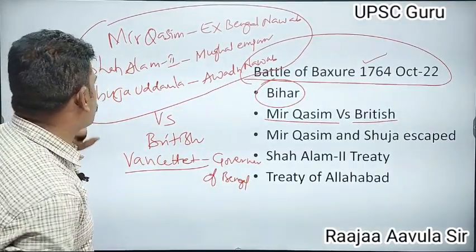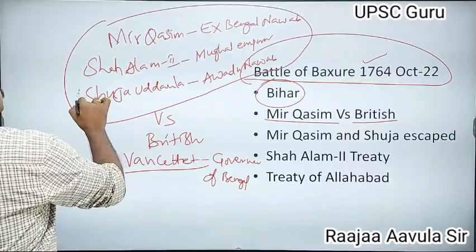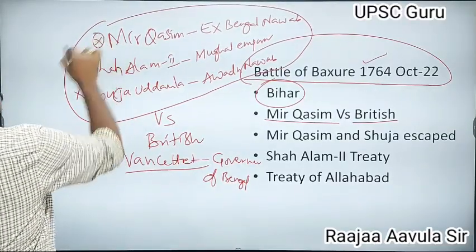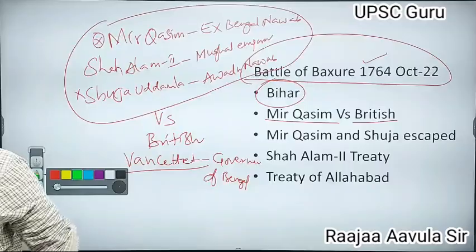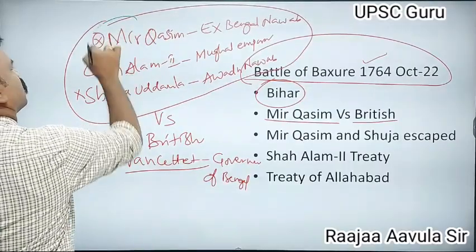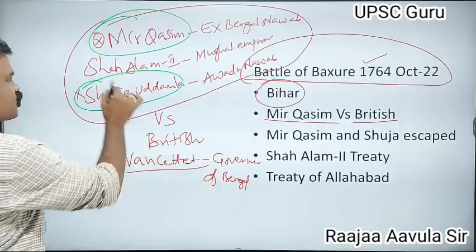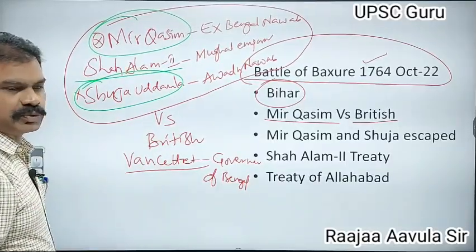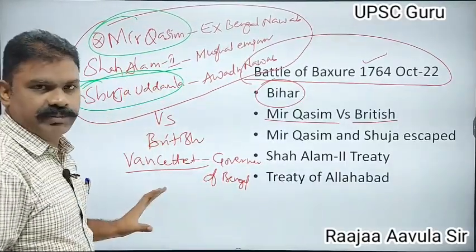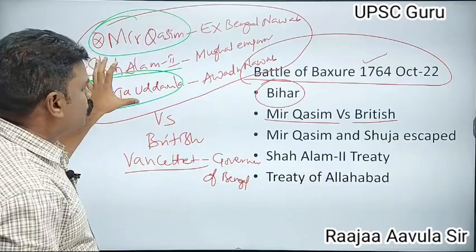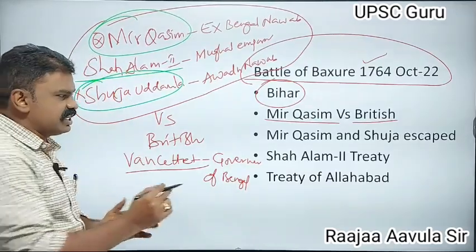Shuja-ud-Daula and Mir Qasim, these two escaped. Shah Alam II was caught by the British, and Shah Alam II accepted the Treaty of Allahabad.